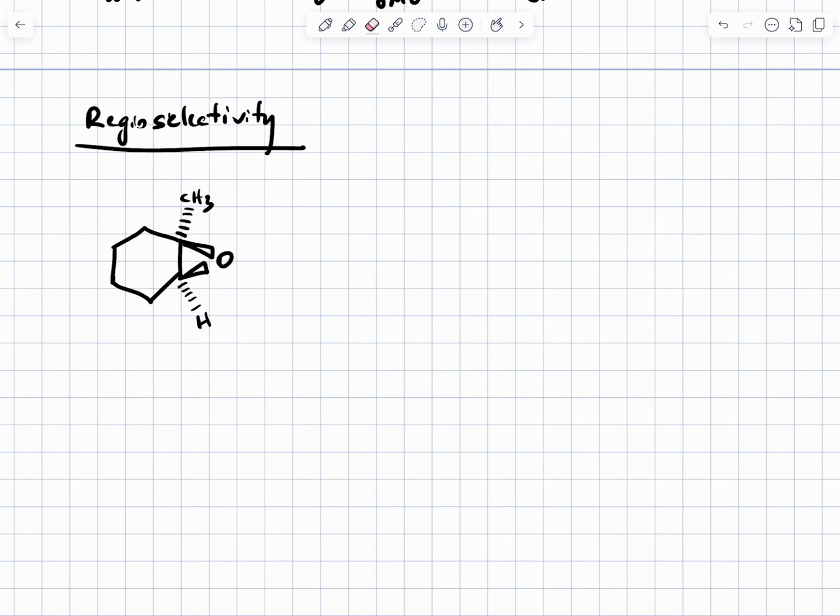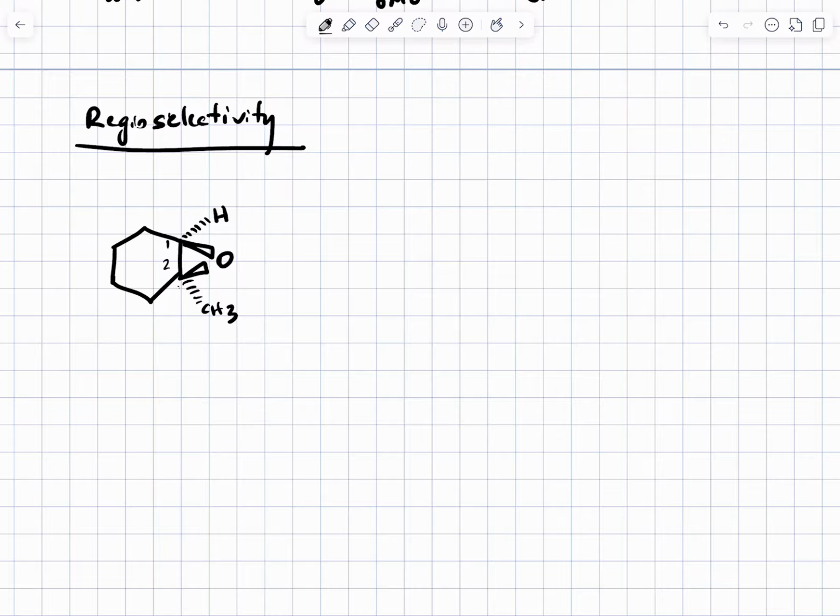We're drawing the epoxide as oxygen attached to both carbons 1 and 2 via a wedge, and remember wedges and dashes point in roughly the same direction, just one is a wedge and the other is a dash. So I have to put the other two groups here. We'll say carbon 2 has a methyl group and carbon 1 has a hydrogen. When you show backside attack from this perspective, you're just going to do the same thing we've always done with dashes or wedges with leaving groups.